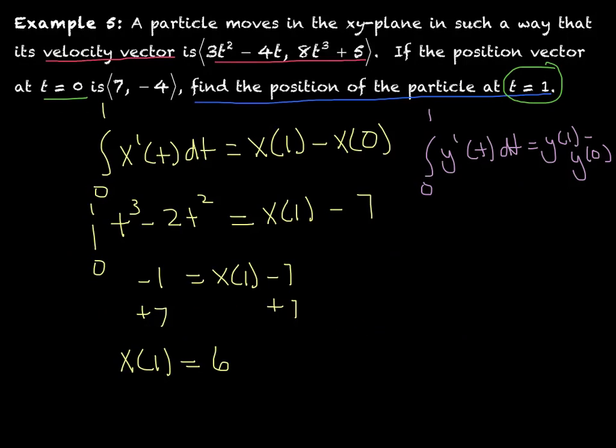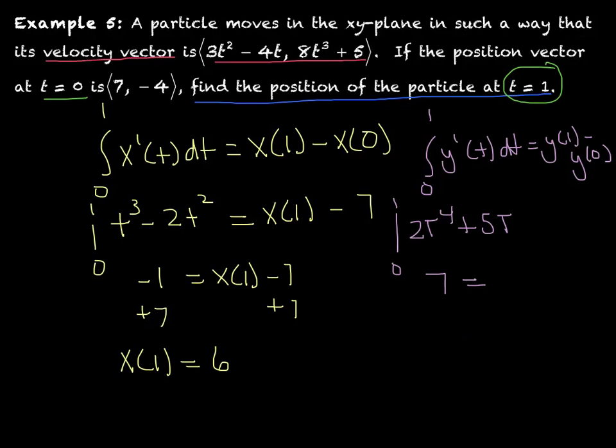So integrating y prime of t is going to give us 2t to the 4th, and then integrating 5 just gets you 5t, and that's going to be evaluated from 0 to 1. So when you plug in 1, you get 7. Plug in 0, don't get anything.